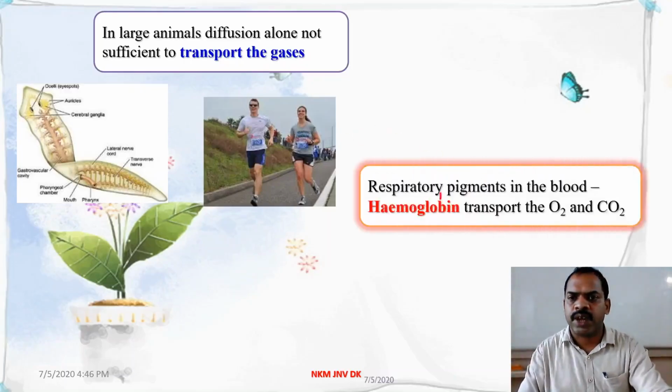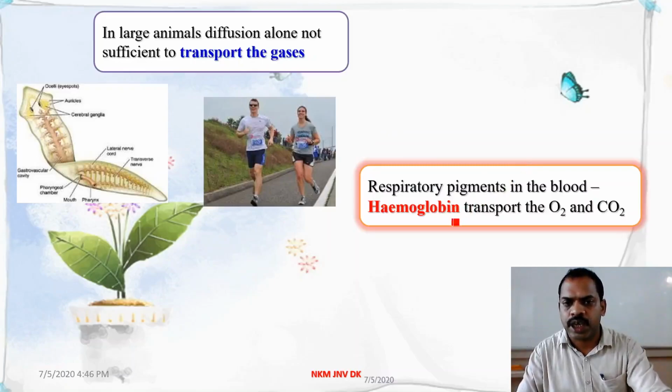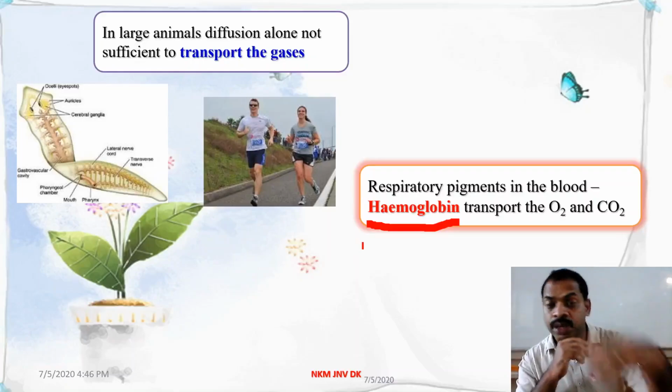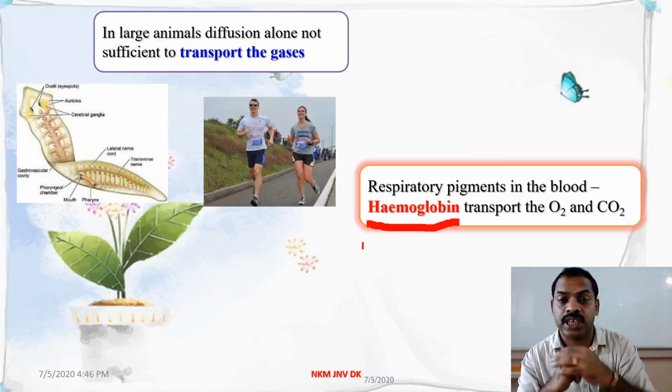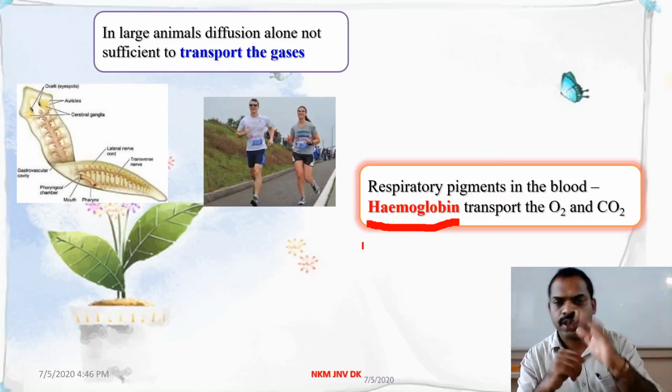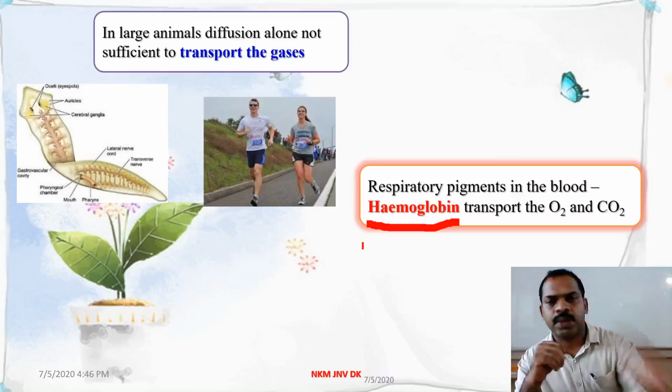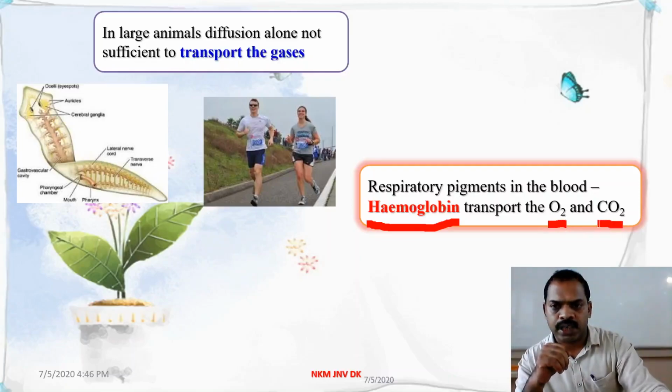For that, we have a respiratory pigment in the blood called hemoglobin. What do we learn about hemoglobin? Hemoglobin gives red color to the RBC. Of course it gives red color, but that is not its function. Its main function is to transport oxygen and carbon dioxide.